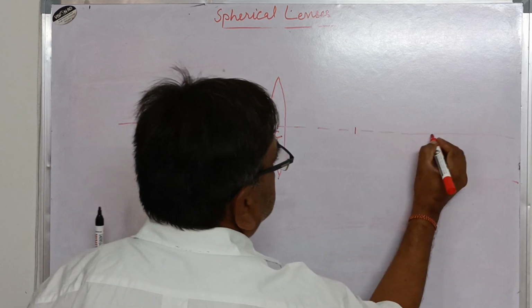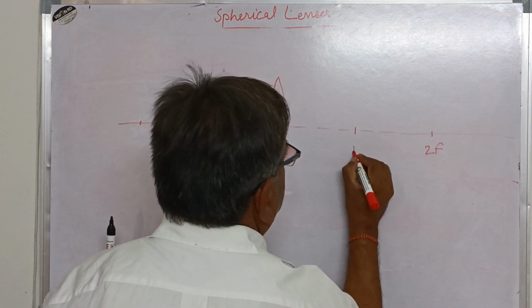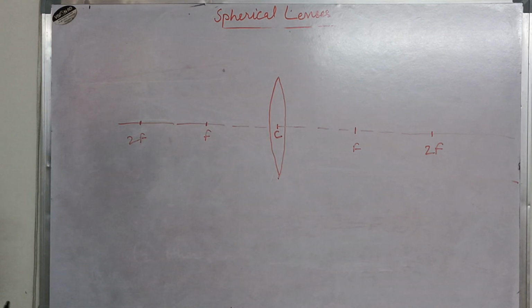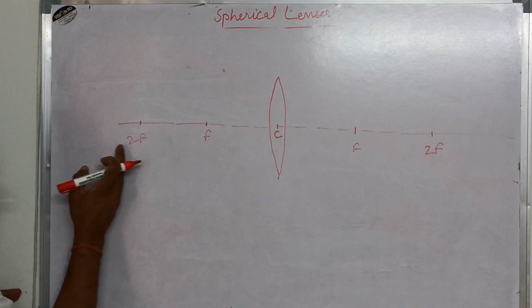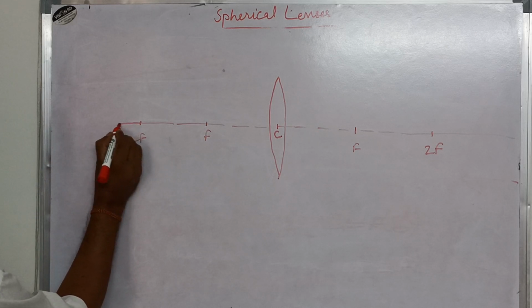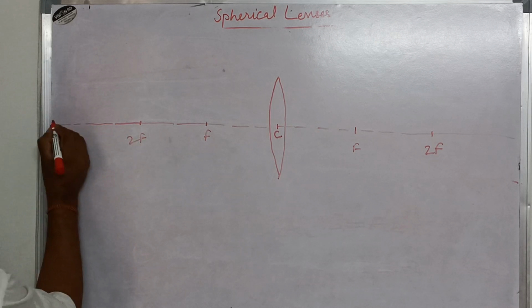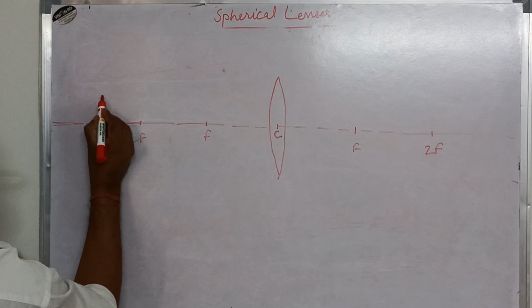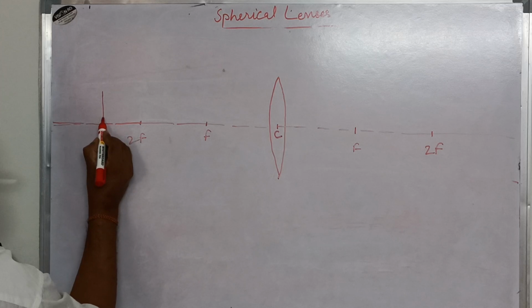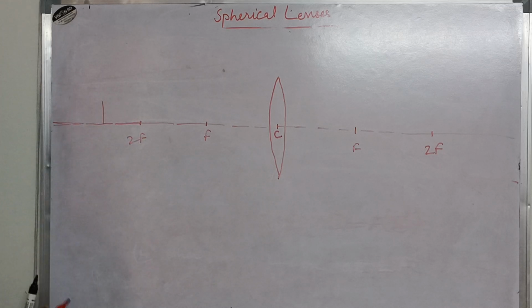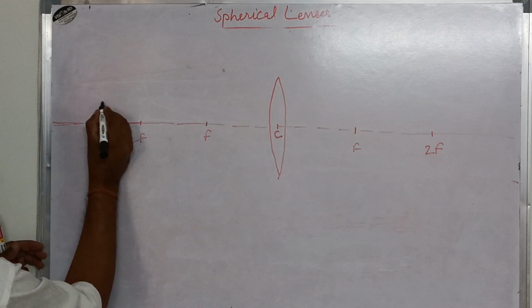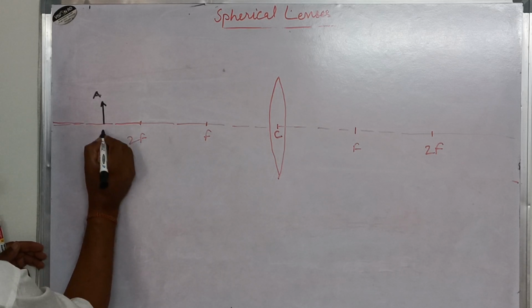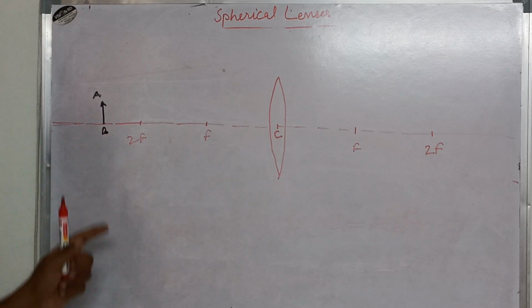Now the image is beyond 2F. Let the object be put here. AB is the object.